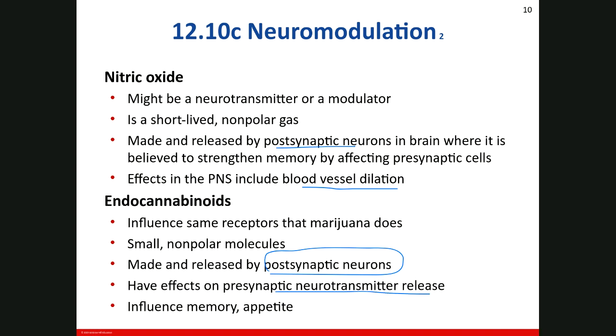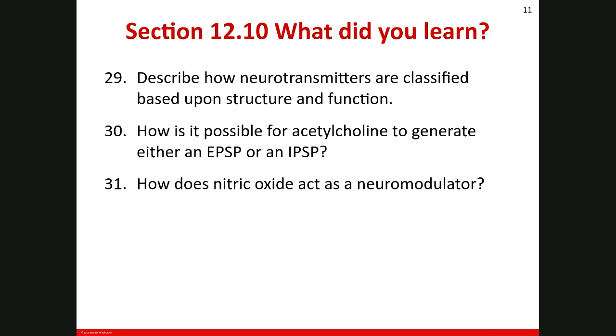It can influence the memory, it can influence the appetite, and it can suppress nausea. These are the neuromodulators which we have in the central and the peripheral nervous system. Now you're ready to answer these questions. This is the end of chapter 12.